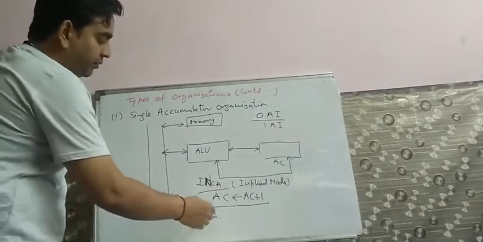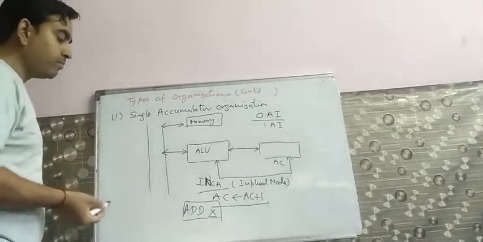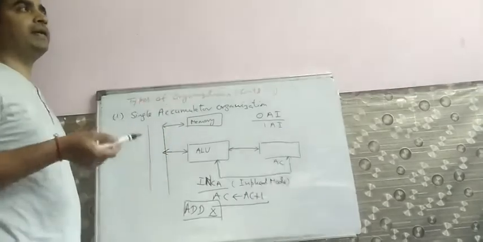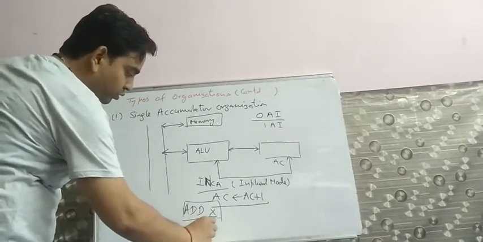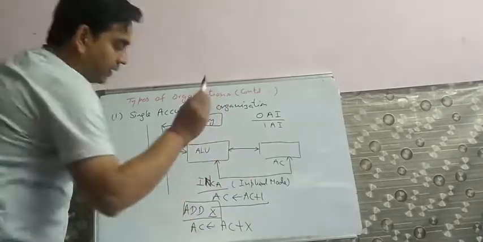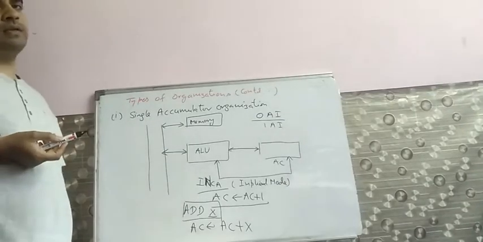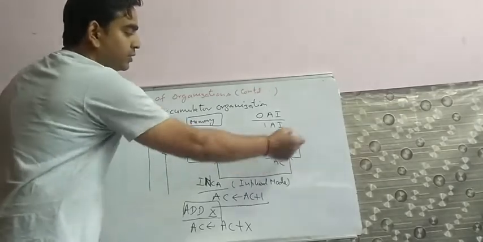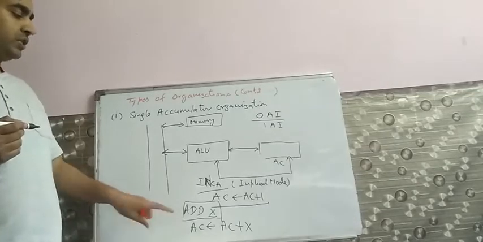If this instruction is in the single accumulator organization, then definitely the content of X will be added with the accumulator. So the instruction will look like this: AC will be AC plus X. The content of X will be added with the contents of the accumulator, and then the output of the ALU will be shifted back to the accumulator.